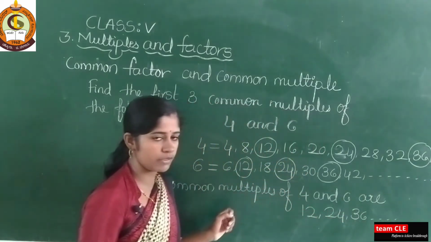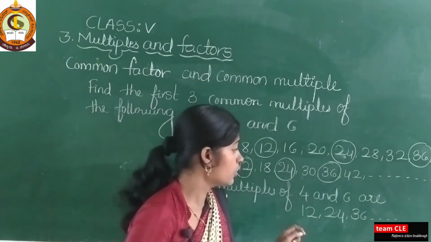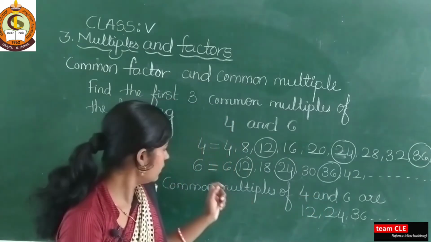They asked only first 3, so you need to write only 3. If first 5 are asked, you need to write the first 5 common multiples of 4 and 6.